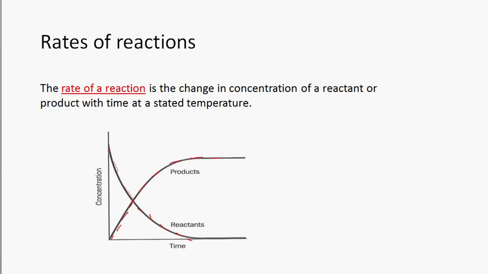Now, essentially what the rate of reaction is saying is that, let's look at the product curve. The concentration of the product is increasing. So if we wanted to say what the rate of the reaction is at this point here, essentially what we have to do is to draw a tangent to this curve at this point and determine the change in concentration over time.